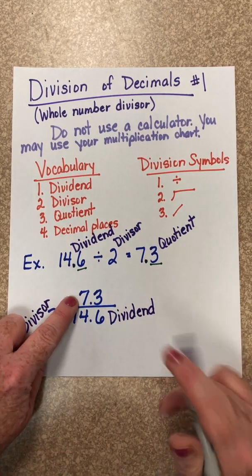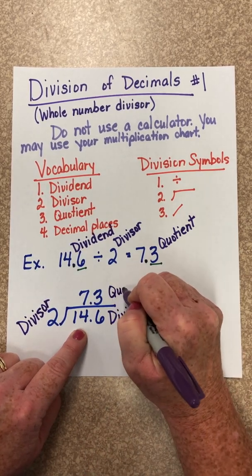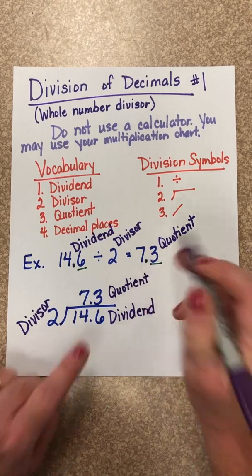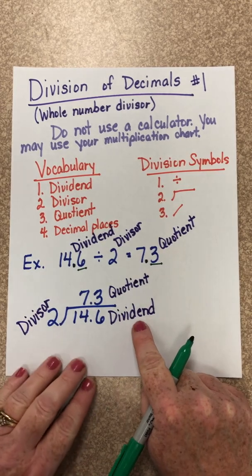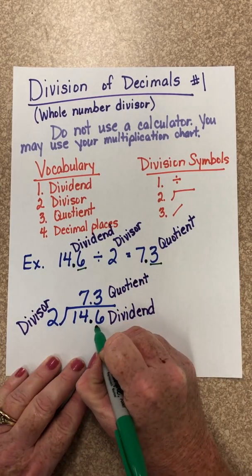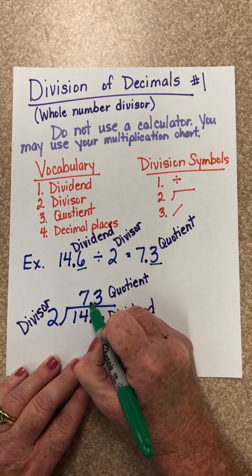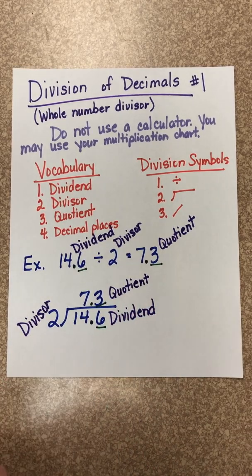And the answer is written on top of this division box, and that is your quotient. Let's take a moment and look at decimal places. Notice the dividend has a decimal point and one decimal place, and the answer has a decimal point and that one decimal place.